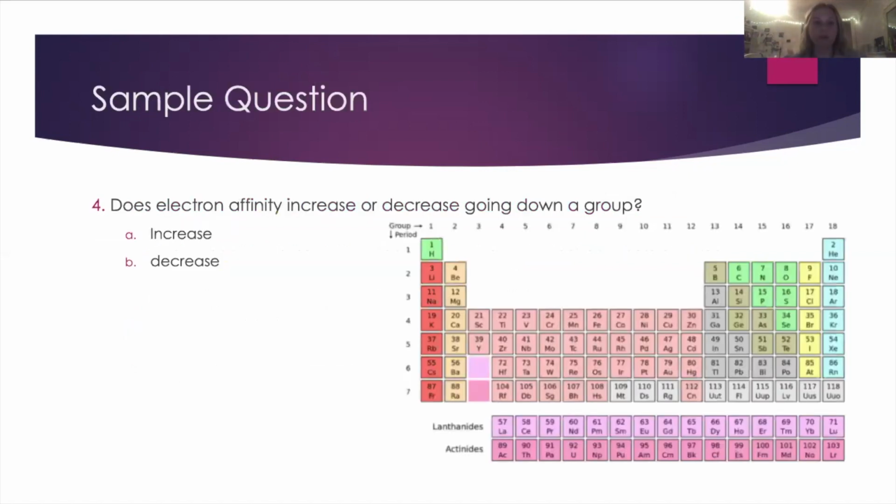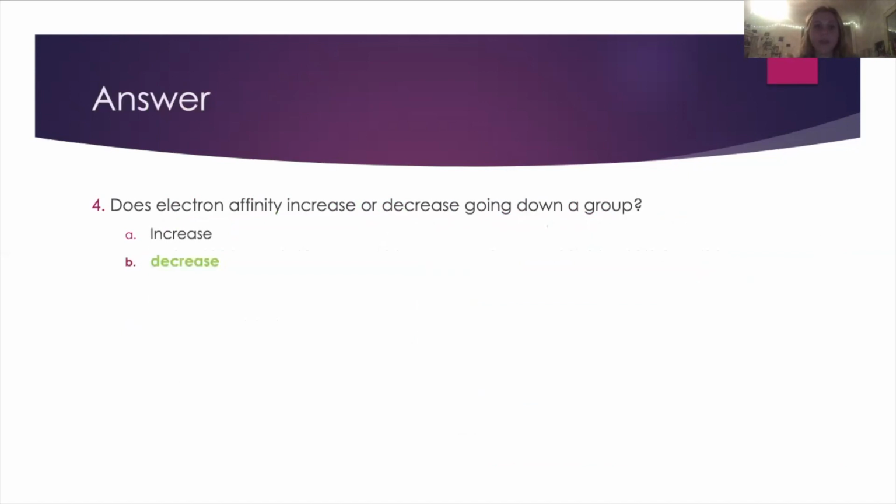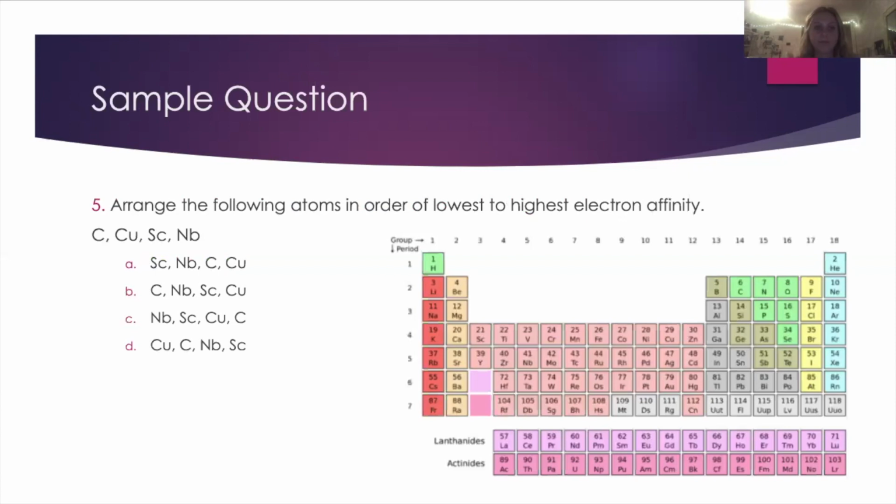Question 4, does electron affinity increase or decrease going down a group? The electron affinity increases going up a group because of characteristics of atoms such as atomic size and radius.